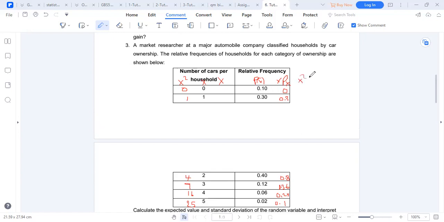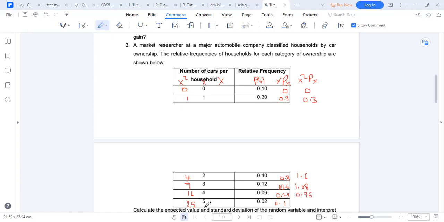Then next we multiply the square times the probability, so x squared times the probability. 0 times 0.1 is 0. 1 times 0.3 is 0.3. Are we following? 4 times 0.4, 1.6. 9 times 0.12, 1.08. 16 times 0.06, 0.96.